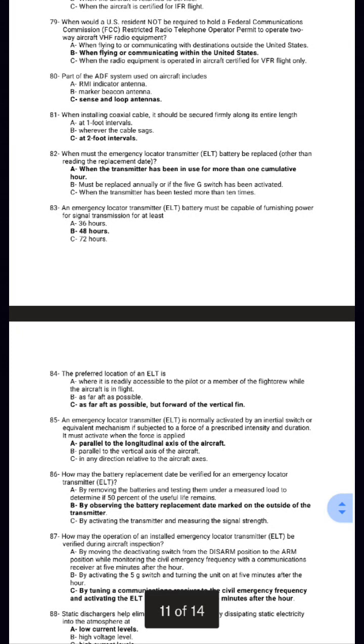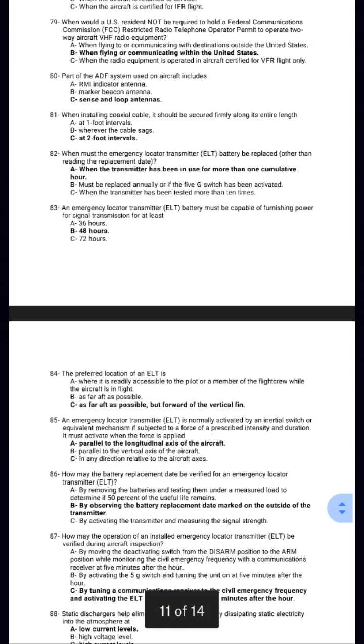When would a US resident not be required to hold an FCC restricted radio telephone operator permit to operate two-way, very high frequency radio equipment in the aircraft? Answer: when flying or communicating within the US. The last one was outside the US for two-way license display.